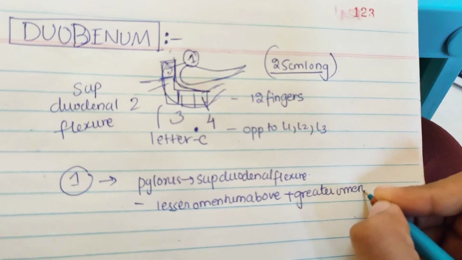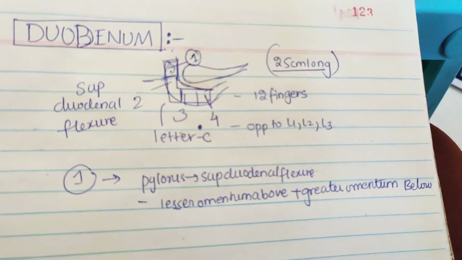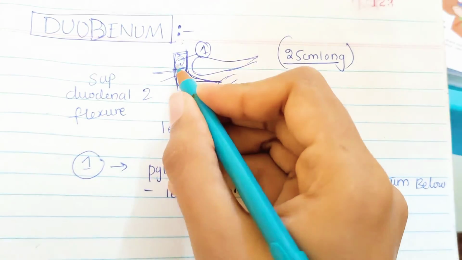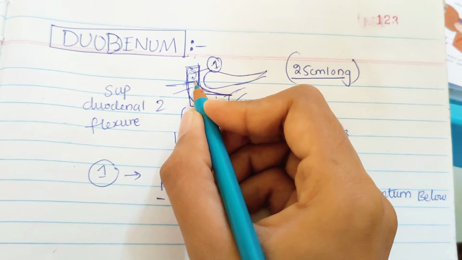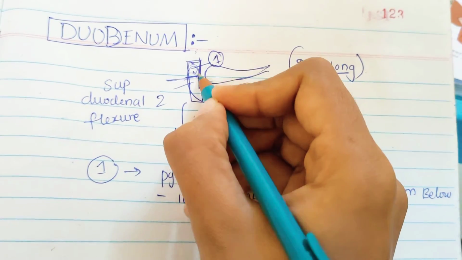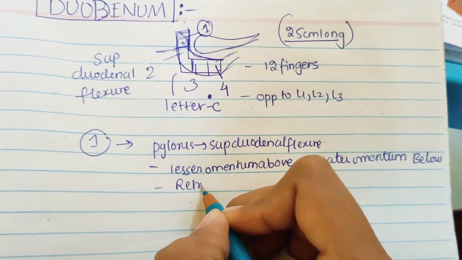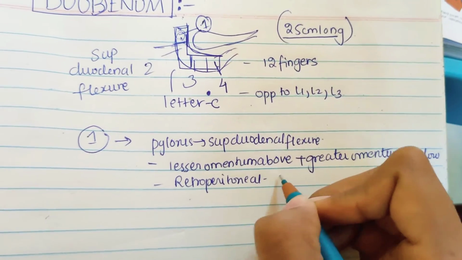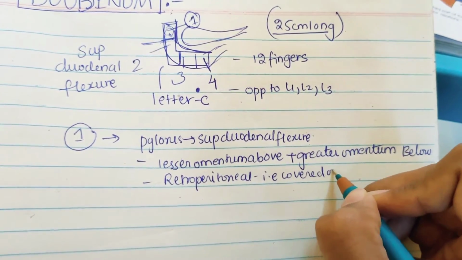Next, the distal 2.5 centimeters of the first part of the duodenum is fixed and retroperitoneal, covered by peritoneum only on the anterior aspect. That is important. It is retroperitoneal, covered only on the anterior side.